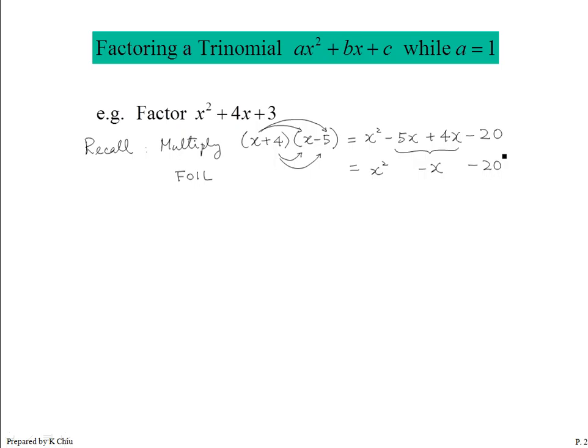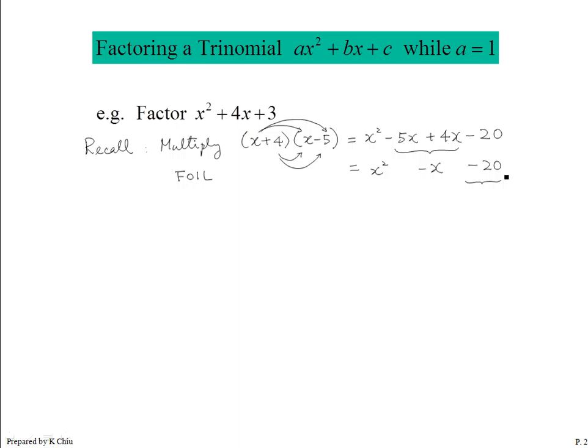So how can we do that? Well, let us take a look at this carefully. The result, negative 20: where do I get that from? I get it from 4 times negative 5, because we multiply the last terms together.